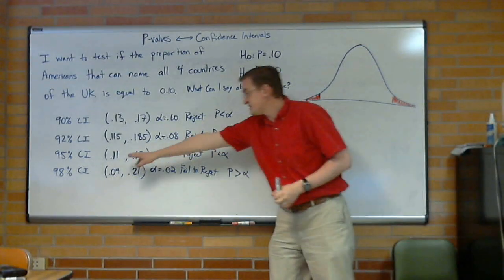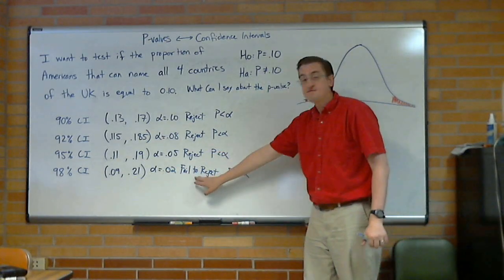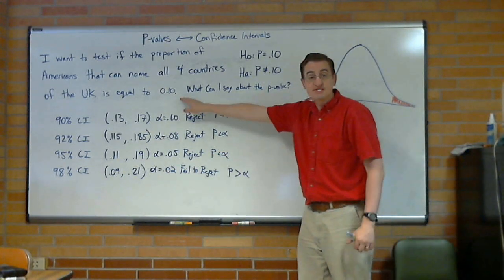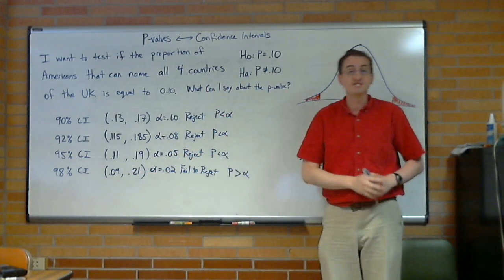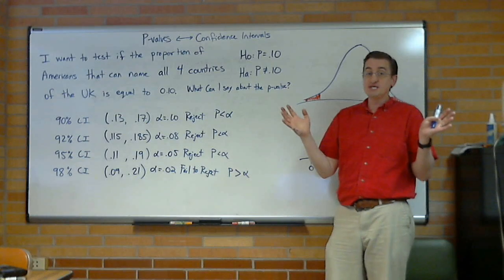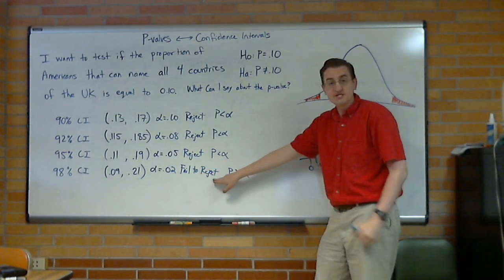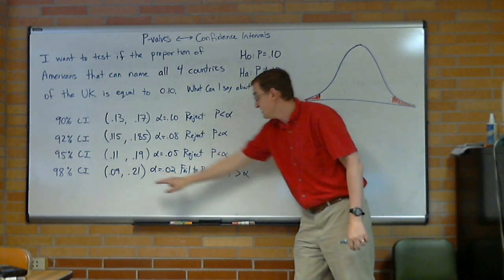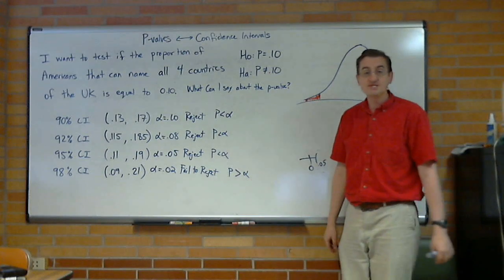Let's look at the last interval. At 98% confidence, that's like an alpha of 0.02. And so if someone came to you and said, is 10% reasonable? And your confidence interval went from 9% to 21%, you would say, I cannot say that 10% is unreasonable. Therefore, we fail to reject the 10% with this interval. That means our p-value is bigger than an alpha of 2%.